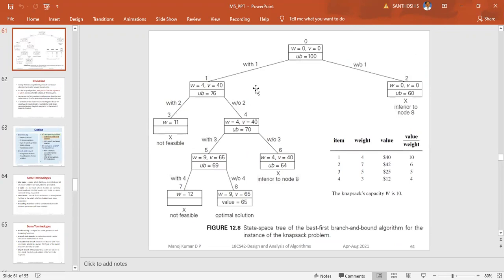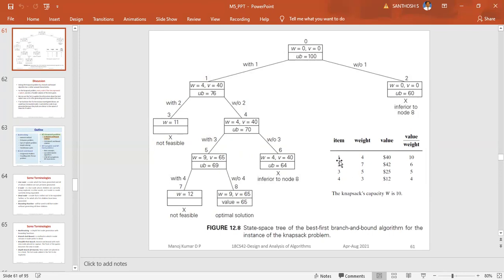I will explain it again. Initially you will have W equal to 0 and V equal to 0 with the upper bound value. The upper bound value we can take as 100, because the values are 40, 42, 25 and 12, and adding all these values gives more than 100. So that's why we take the upper bound as 100. Now you have to go with one, without one.